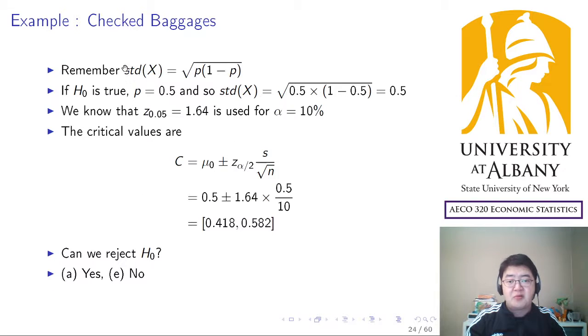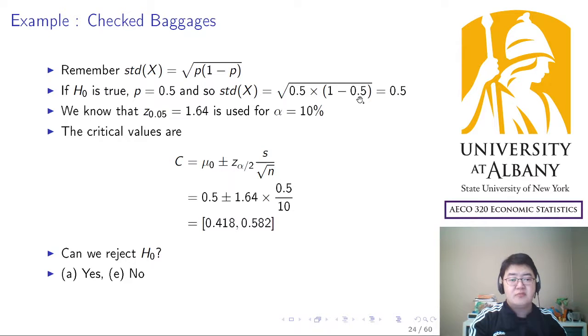And additionally, you have to remember that the standard deviation is determined by the null hypothesis. Then you have to use the null hypothesis when you calculate the standard deviation. So when the null hypothesis is true, standard deviation equals 0.5.